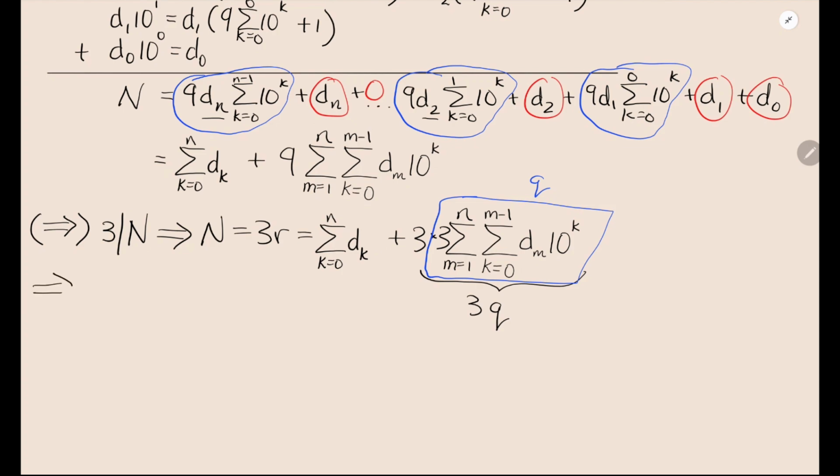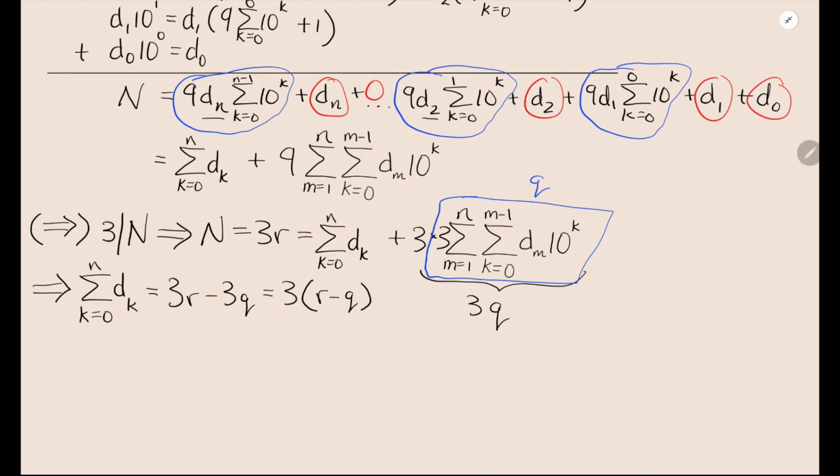So this implies that if I isolate the sum of the digits, the sum from k equals 0 to n of dk, this is equal to 3r minus 3q, which is equal to 3 times r minus q. Because my dk's are non-negative, the sum is non-negative, so r minus q is non-negative.